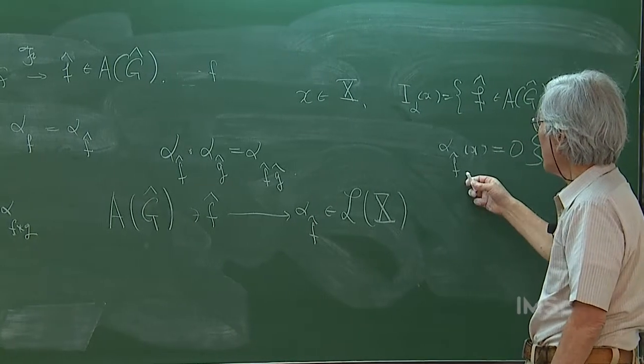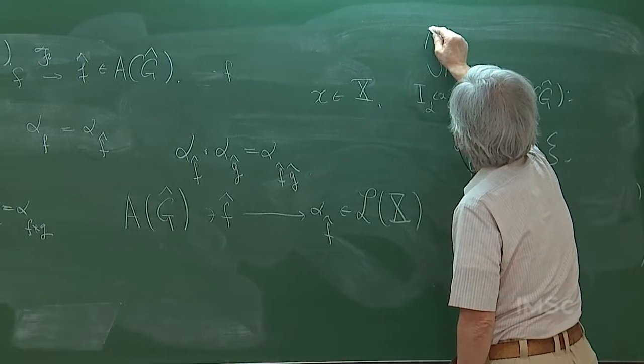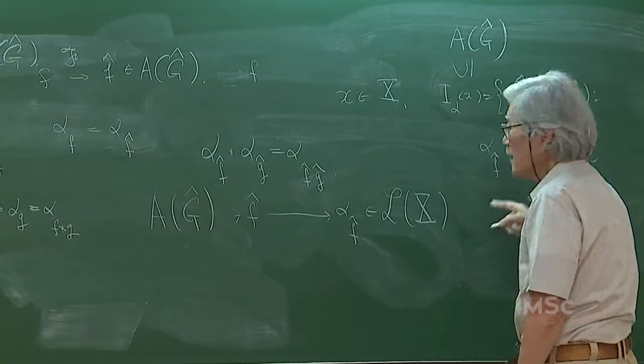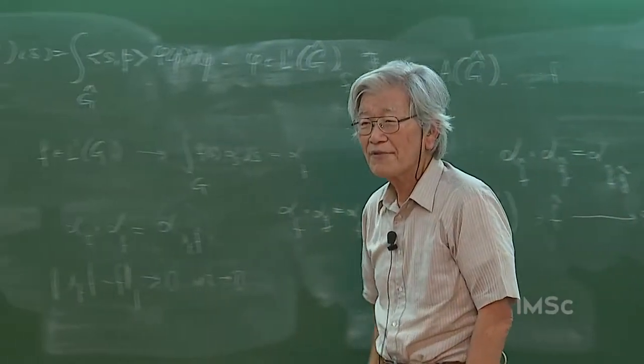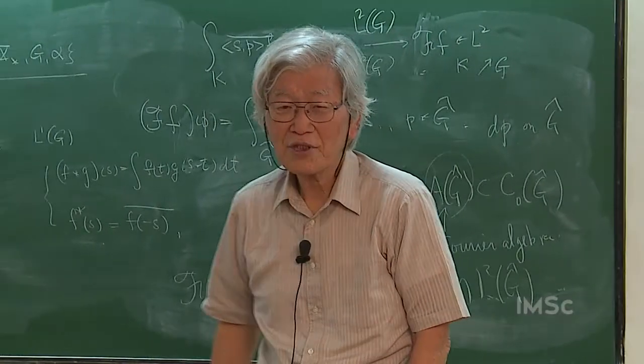Of course, then I_alpha(x) is a closed ideal of A(G hat), since the Fourier algebra is closed.